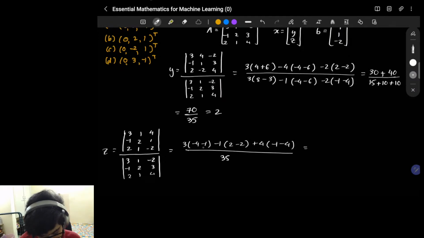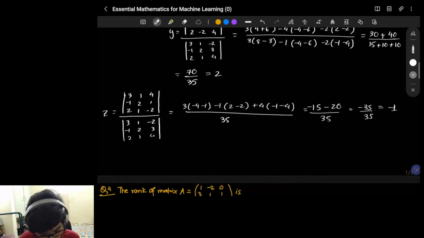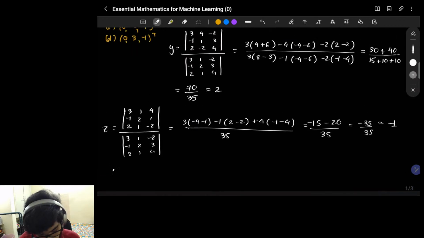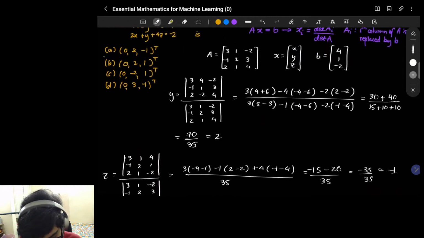So this makes it -15 minus 20 divided by 35, which is -35 divided by 35, which is -1. So Z is equal to -1. Thus our solution is Y equal to 2, Z equal to -1. So the option which matches with this is option number A.